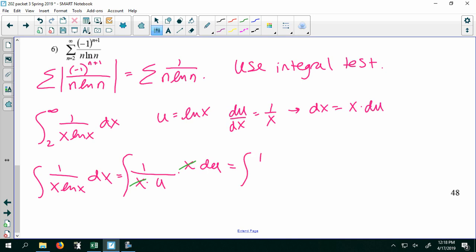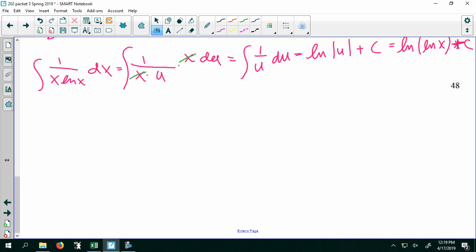This is the integral of 1 over u du. And the antiderivative of 1 over u is ln u. So this is the ln of u plus c, and then replace the u with an ln x. So this is the ln of x plus c.